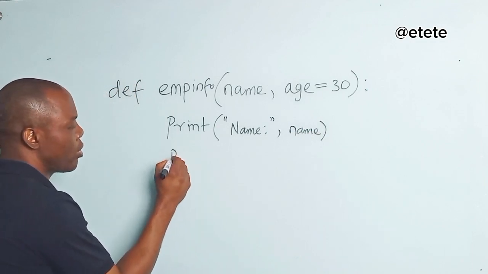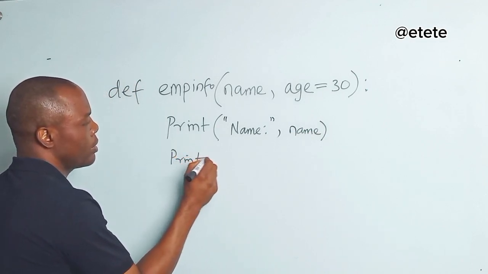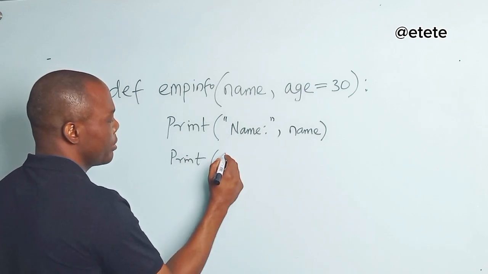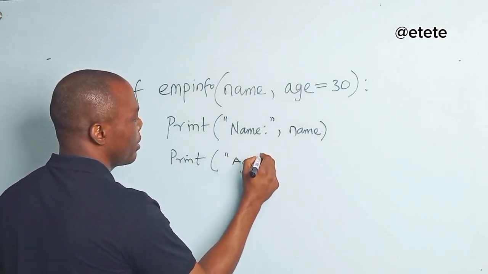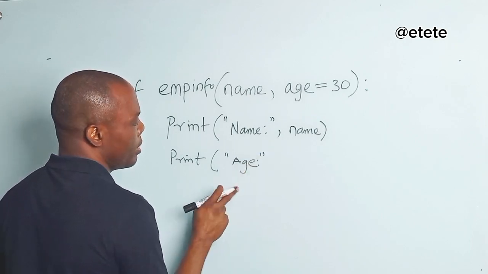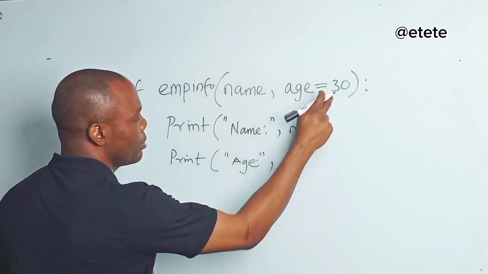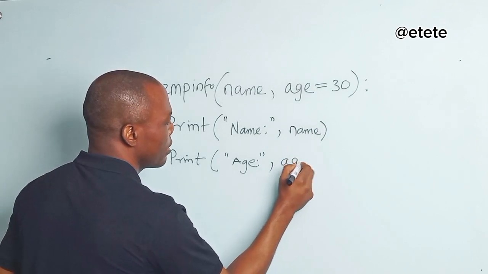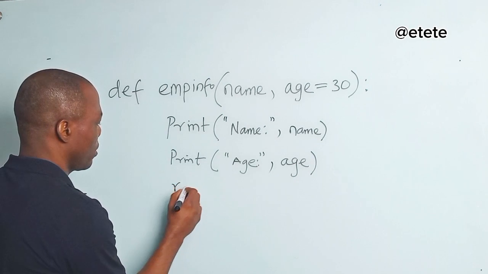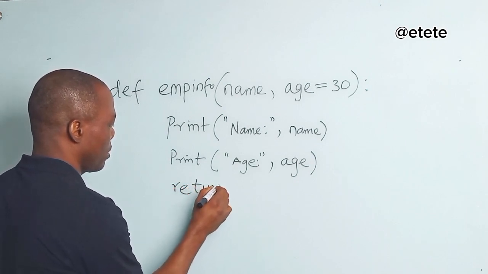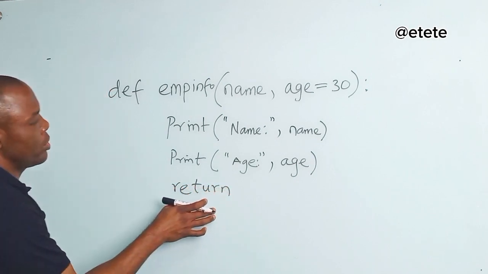Then I'll come here again and call another print function, and then age, then comma. So this age will be supplied. So here I'm going to return. So this is my return keyword.